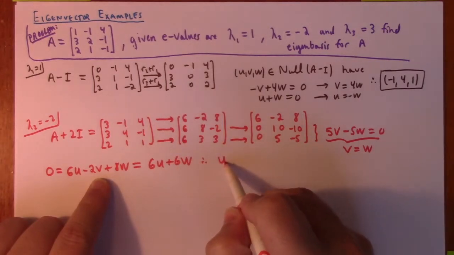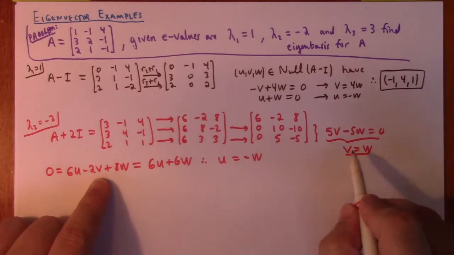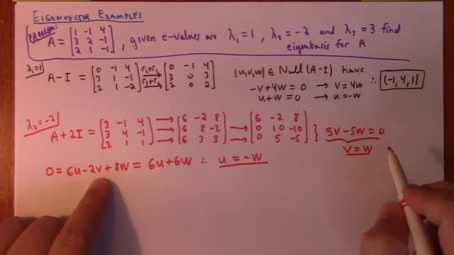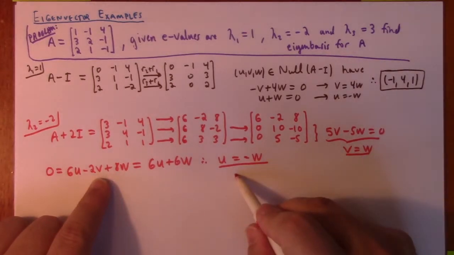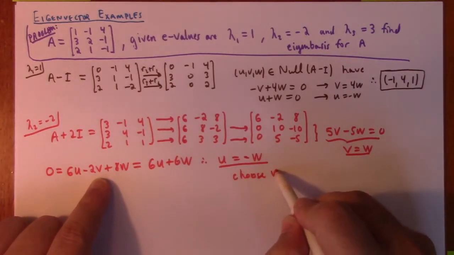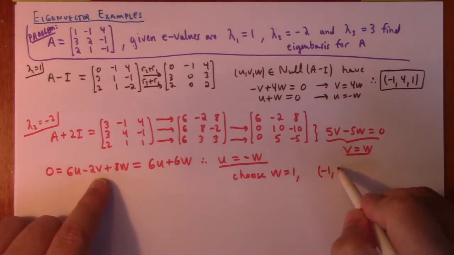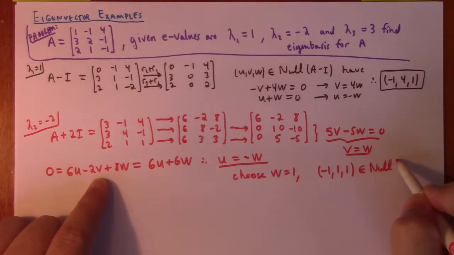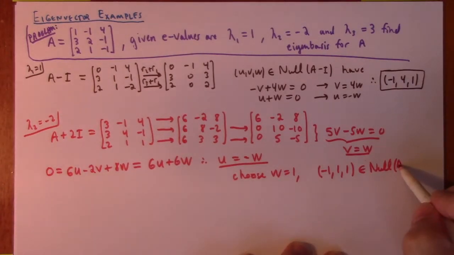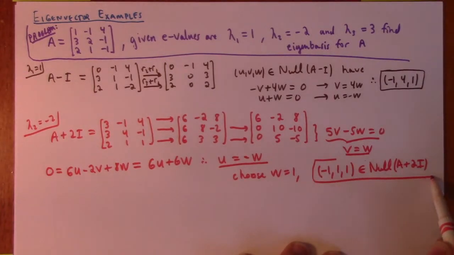So therefore U is equal to minus W. Again, I can use W as a parameter here, and in particular choose W equals 1. We get minus 1, 1, 1, an element of the null space of A plus 2I. So there you go. There's our second eigenvector corresponding to eigenvalue minus 2.